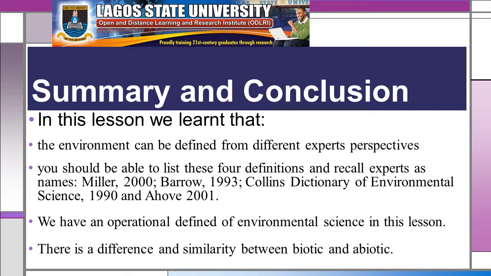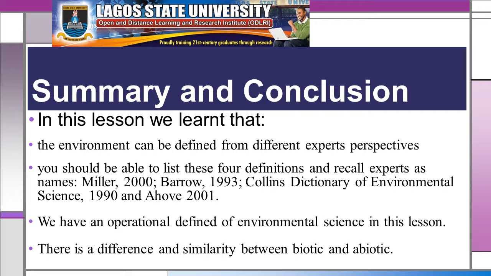So, in summary, we have learned in the class definitions of the environment from different aspects, from different experts, with different versions of the environment. Actually, we learned definitions of the environment as discussed by 4 experts.